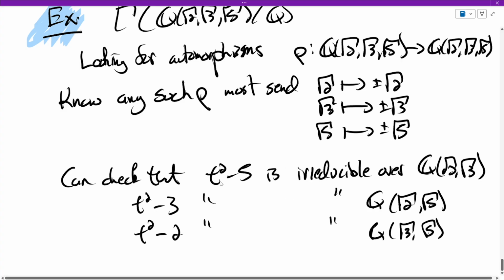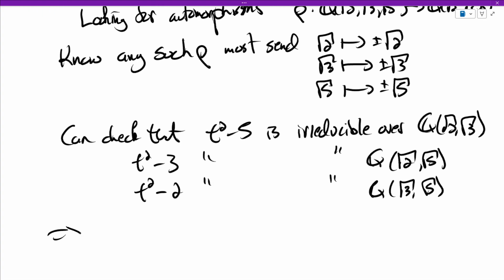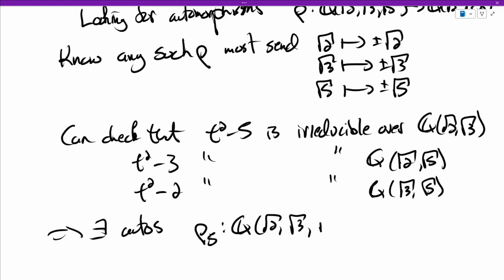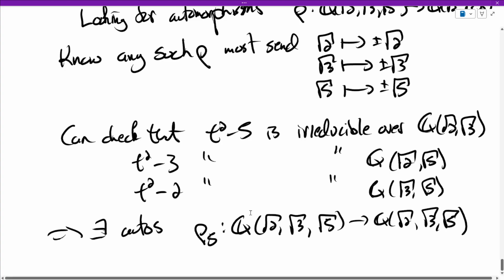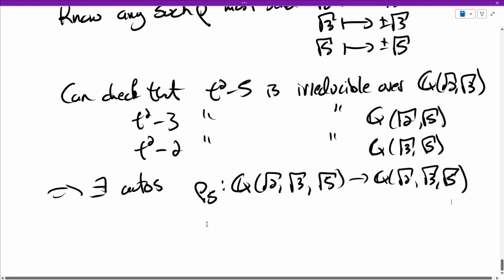And so since it's irreducible, there exist automorphisms rho 5 of Q adjoin root 2, root 3, root 5. Rho 5, the subscript is just telling us what's going to happen. You can use whatever notation you like, but I like the subscript. I'm going to follow the book's notation, subscript with what it's going to do.